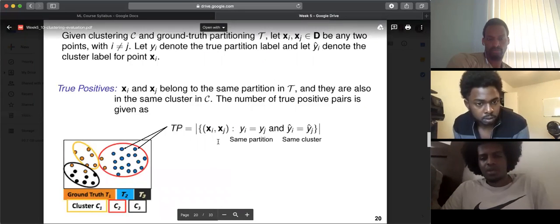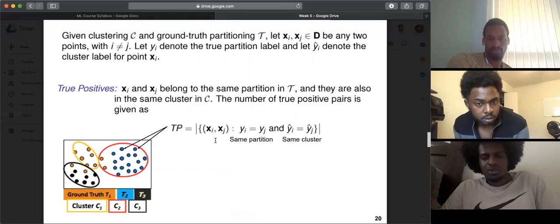If x i and x j are data points within cluster one and ground truth one, they're in the same partition and in the same cluster. That's a true positive.